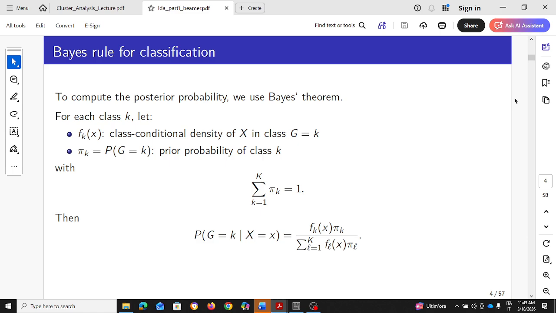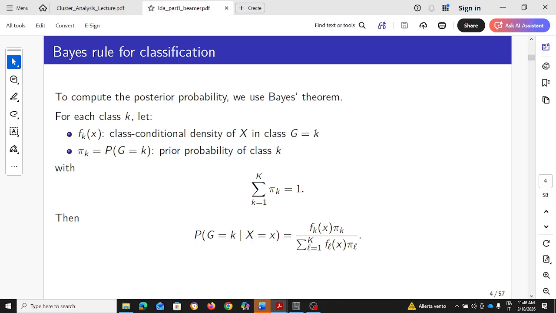For each class we calculate the density of x in class j, so how x is distributed in that group, and then the prior probability of that particular group.